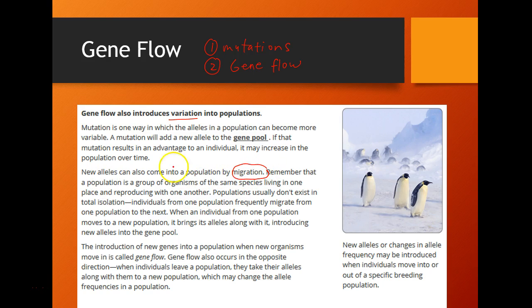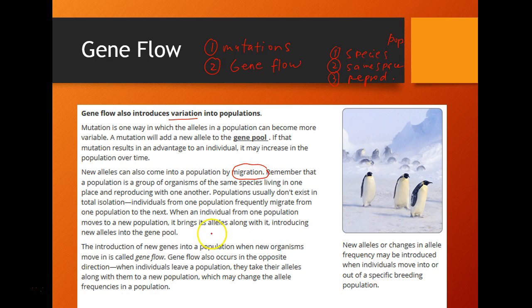So remember, a population has three requirements: it's the same species, same space, and they reproduce. So if an organism leaves their population and migrates to a new population, they are now creating changes to the gene pool, and we call that gene flow.